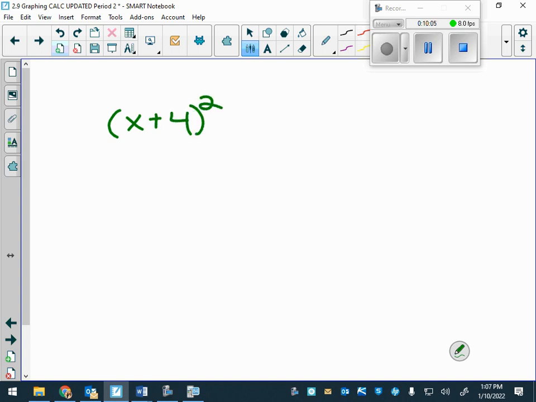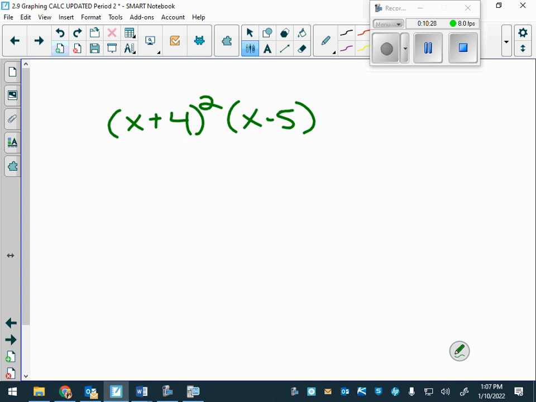Then it says has an x-intercept at 5 with a multiplicity of 1. Okay, this is all you need. You don't have to add in x squared or x. Be careful because if you do, those are additional x-intercepts and the degree might be off.